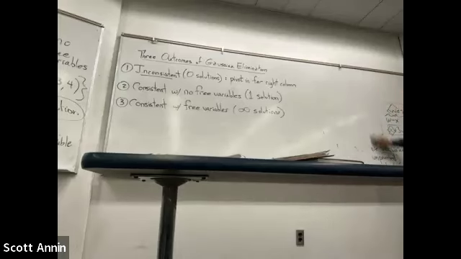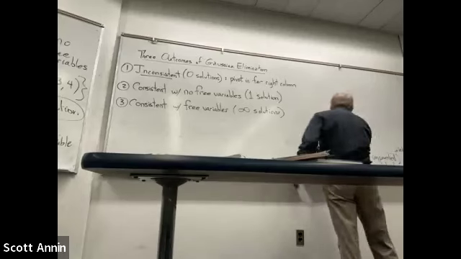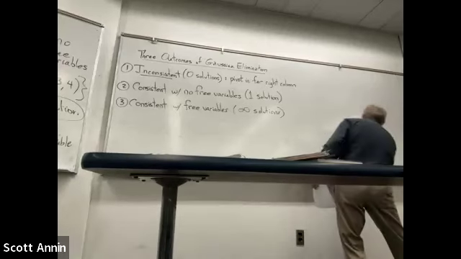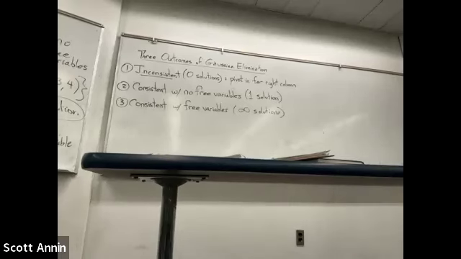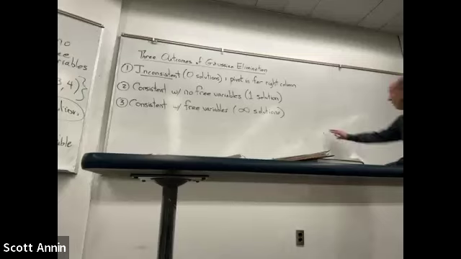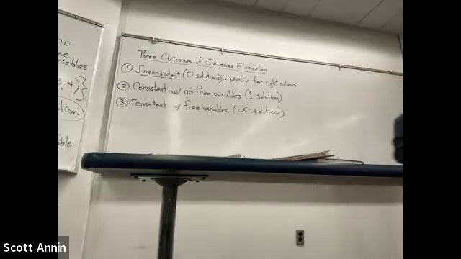So that's what you want to be on the lookout for. It's so critical to focus on the positions of the pivots, because the pivots are dictating whether you have free variables or not, and that very much affects the outcomes here.